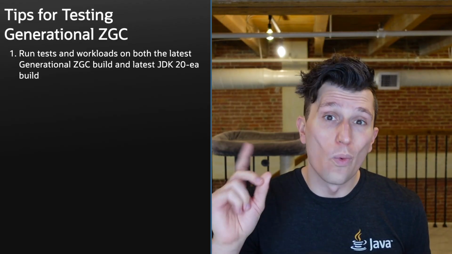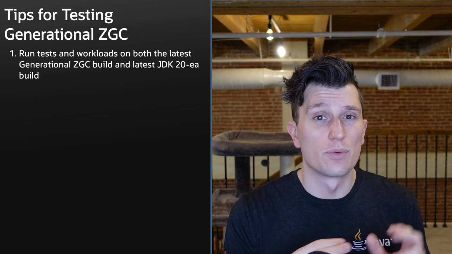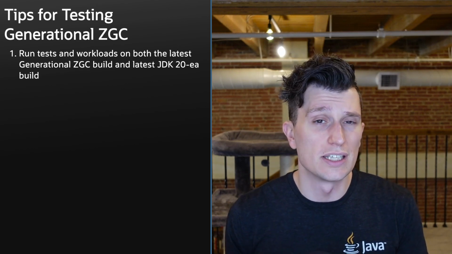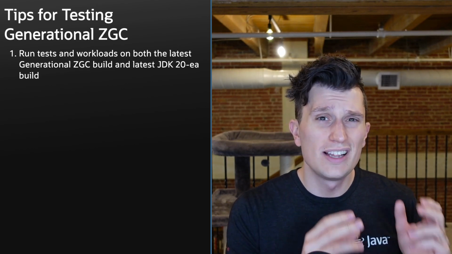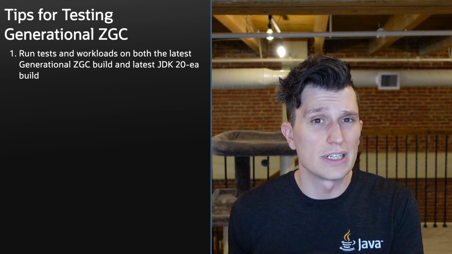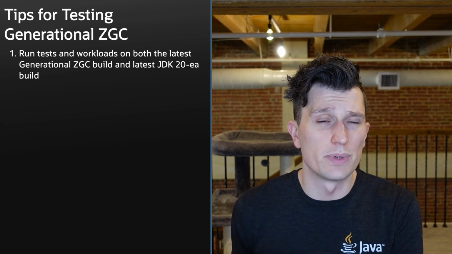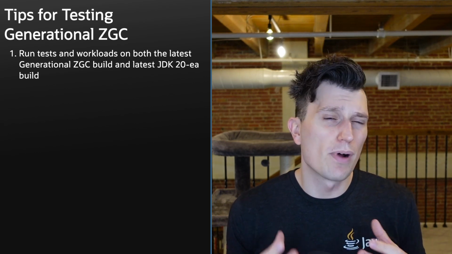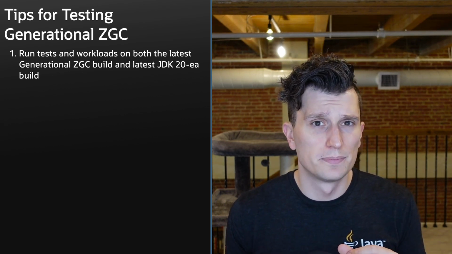Now, before you do that, there are a few things to consider, and here are a few key points. 1. Along with running tests and workloads against the Generational ZGC build, also be sure to run these tests and as similar workloads as possible against the most recent JDK 20 early access builds. This can help establish a proper baseline for performance.